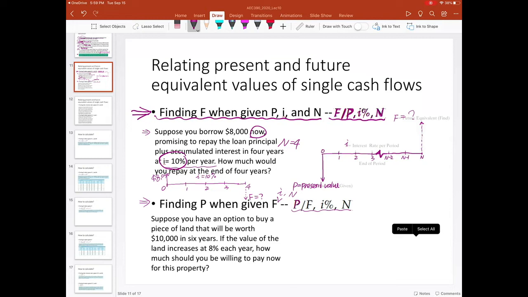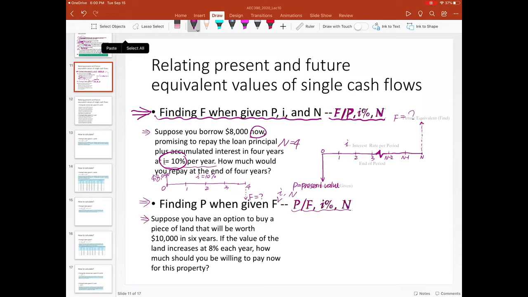Because you want to find out P, you write the letter P at the beginning of this term, and then the slash is the given. F is the given condition. So when the future value is given, and the interest rate is given, and also the number of periods is given, that's how you simplify this scenario.